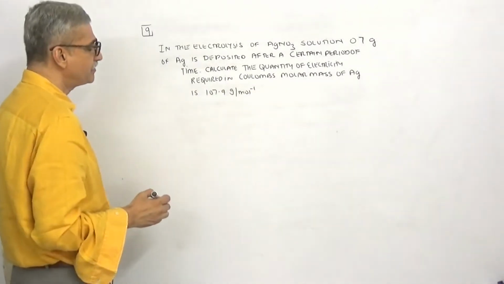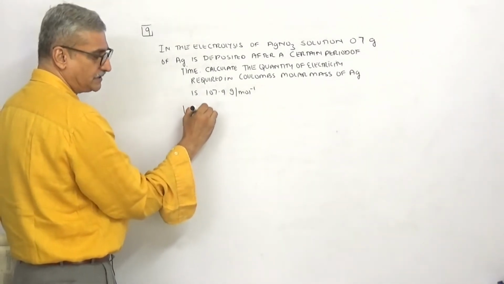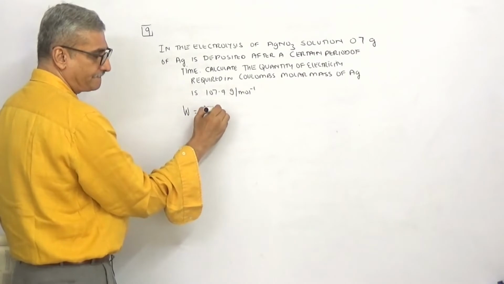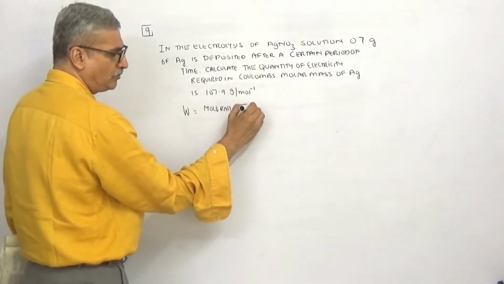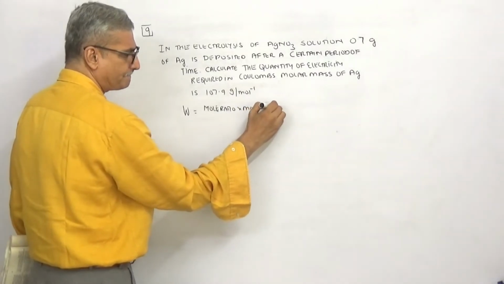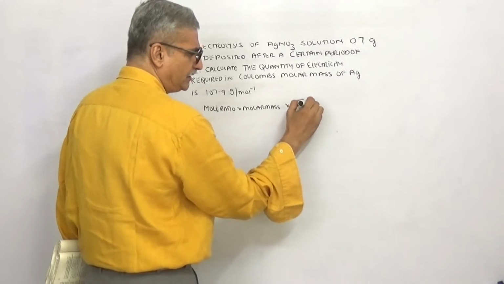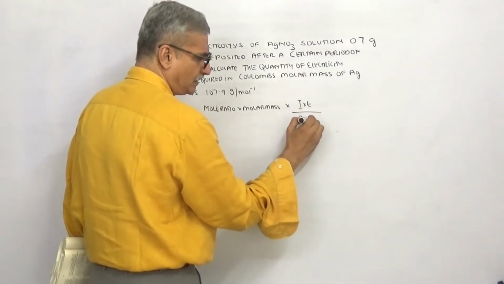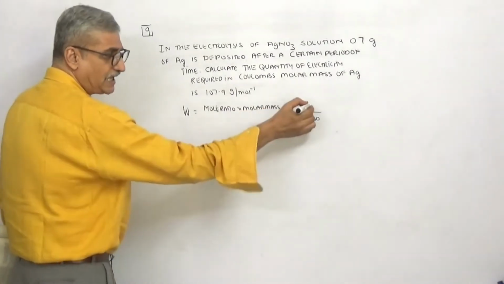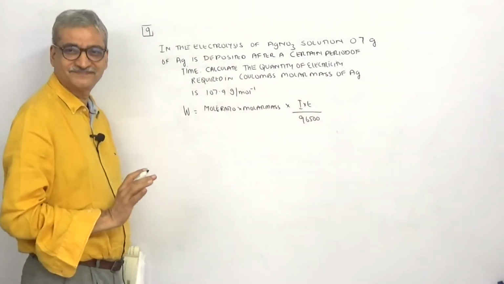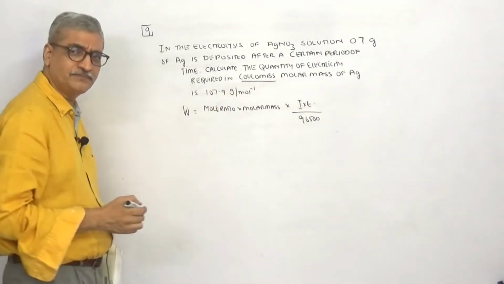Okay. So what do we have? Weight of substance deposited is mole ratio into molar mass into I into T upon 96,500. This I into T is the coulomb. When they say calculate the quantity required in coulombs, this is what is coulomb.